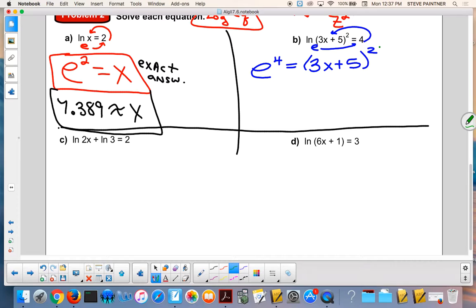So if you take the square root here, you knock out the square, and you end up with 3x plus 5 equals what? e squared, the square root of e to the 4th. And by the way, you bring in 2 answers, plus or minus. What do I do now?